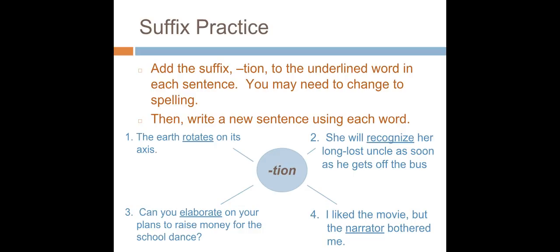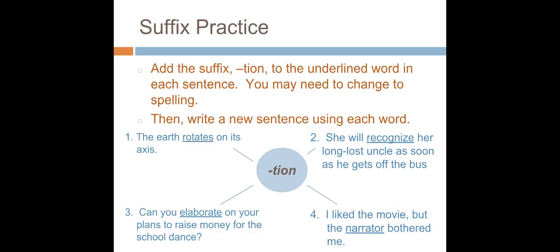So for practice, this one's a little different. So you're going to look at these sentences, the verb or noun that's underlined, you are going to change the ending to add shun to the end. You might have to change the spelling, drop some letters, add some letters to make that work, and then write a new sentence using the word. So for example, number 1, I will do for you. The earth rotates on its axis.